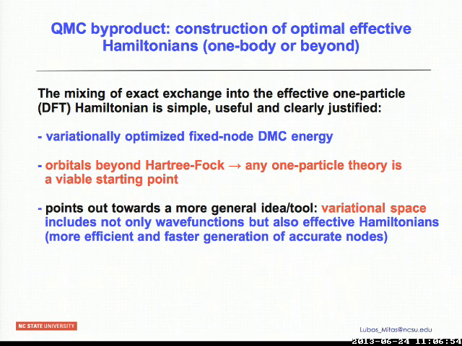The variational space is not only the wave function, but also the effective Hamiltonian, because it enables you to actually optimize. This is not completely consistent, because in general, the effective Hamiltonian you use is used in the framework of DFT, essentially, or Fock. When you project, you're actually building up correlations that you do not include in the theories.